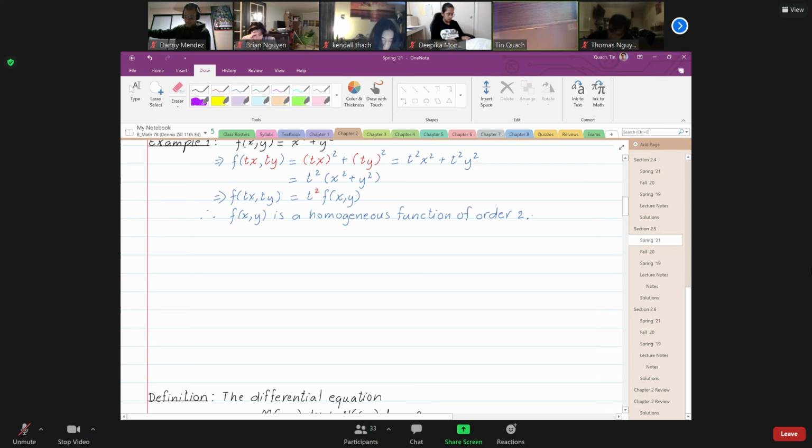And if a function is homogeneous of some order, we can rewrite the function as follows.